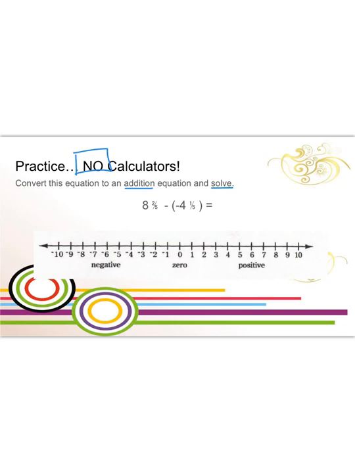Okay, let's do this. So we're going to keep the 8 2/5. We're going to change subtraction. And we're going to change negative 4 1/5 to a positive 4 1/5. All right, as long as that's your equation, I want you to go ahead and do a vector diagram to solve this. Come back and check when you're ready.